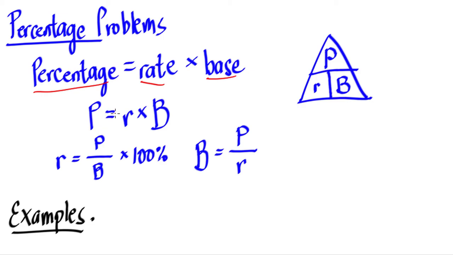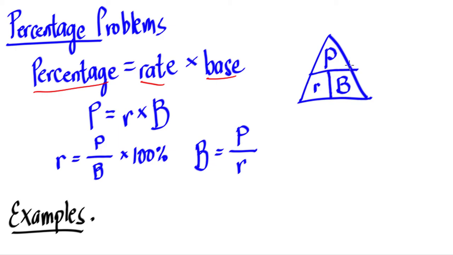So we have P is equal to R times B. By simple algebra and proper transposition, we can say that R is equal to P over B. Since R is in percent form, we need to multiply that by 100% just to put in the percent symbol. And the base is equal to the percentage divided by the rate.